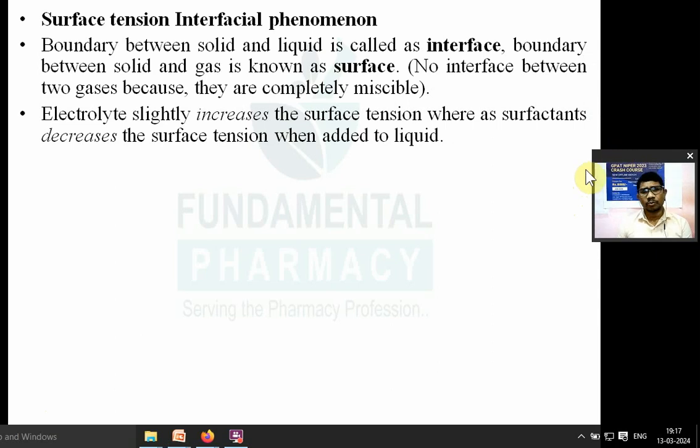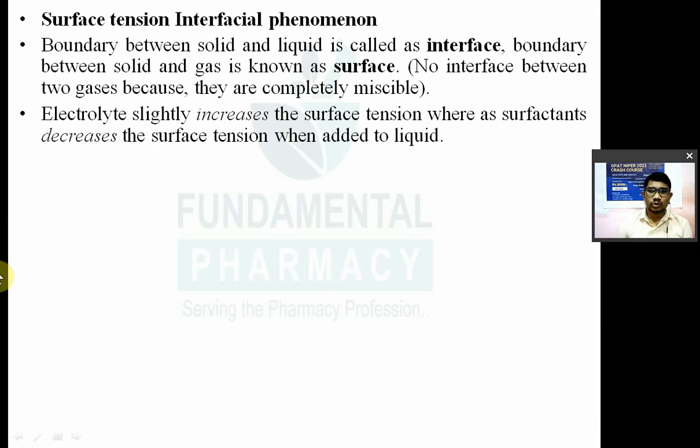From the bulk of the water, the molecules are attracted equally from all directions. If a water molecule is in the bulk of the liquid, say for example you can see over here a beaker, some water molecules are on the surface, some water molecules are in the bulk. So here is a bulk molecule, it will be attracted by other molecules from all directions equally.